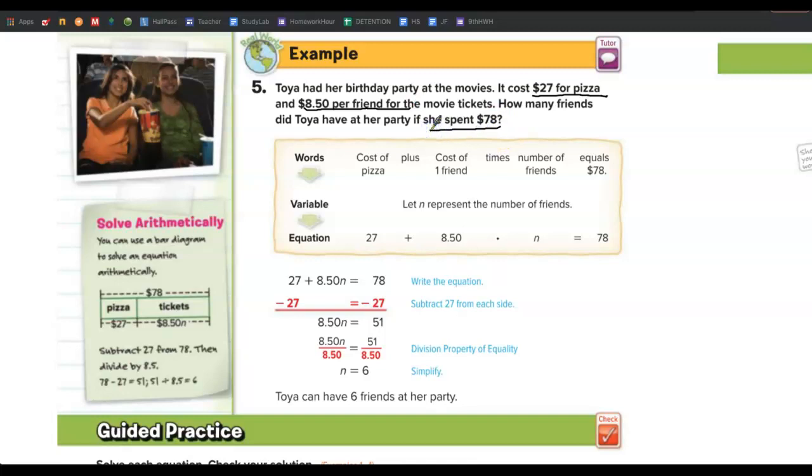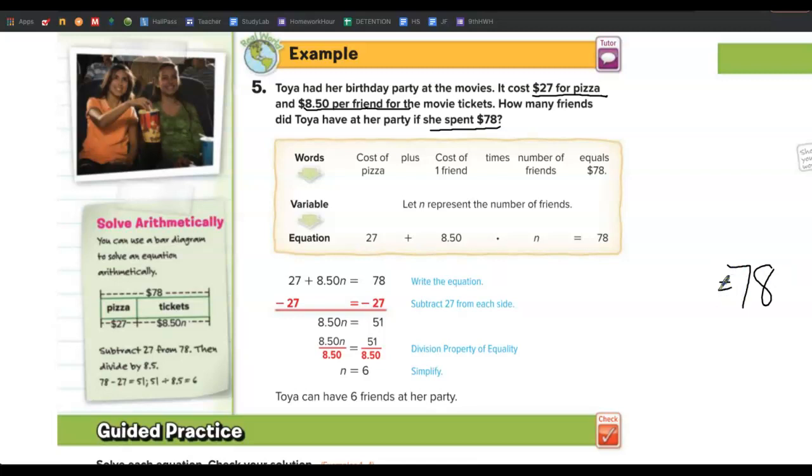Okay, so first of all, it's always easy for me to pick out totals. What's the total in this story problem? So I need you guys to put your pens down because we're working on homework and we shouldn't be. Put your pens down and watch, please. So the total is 78 because that's the total amount that we spent.